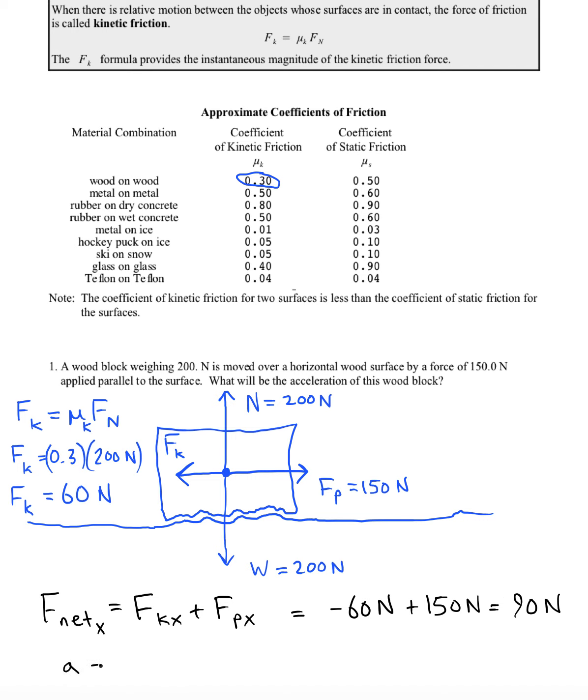Then finally, I'll use Newton's second law. Okay, I'm going to have to find the mass of this block. I do see that its weight was given, but not its mass.